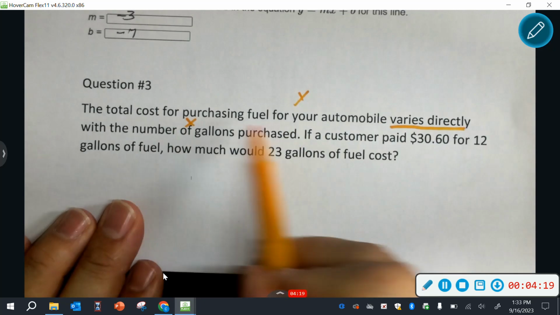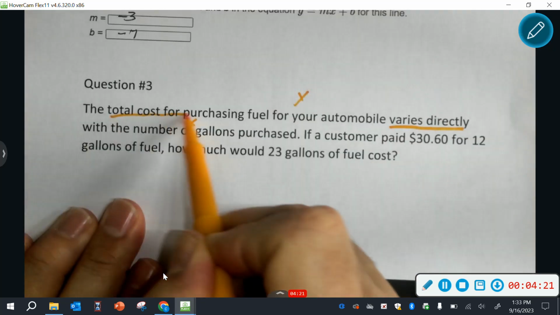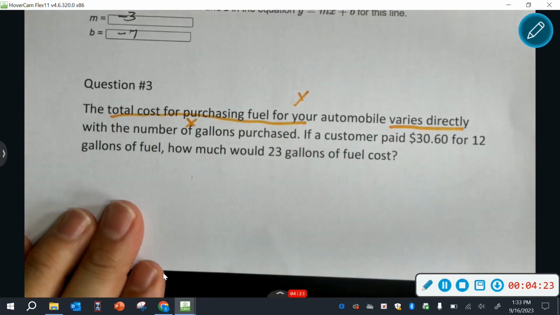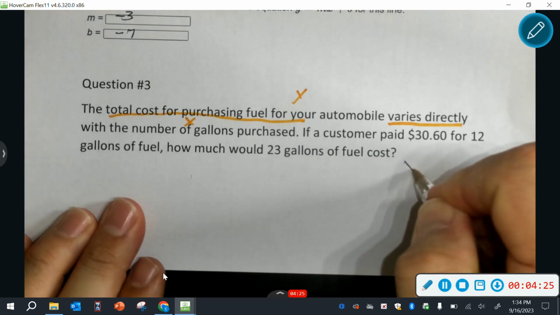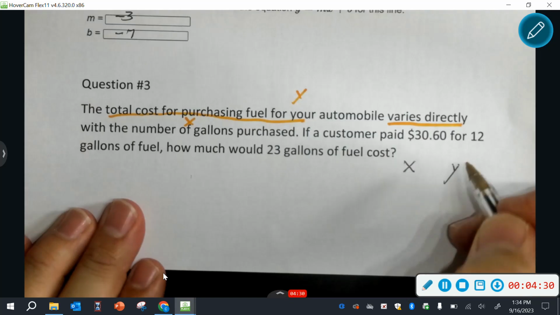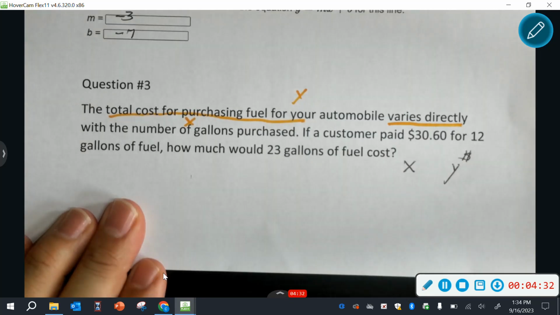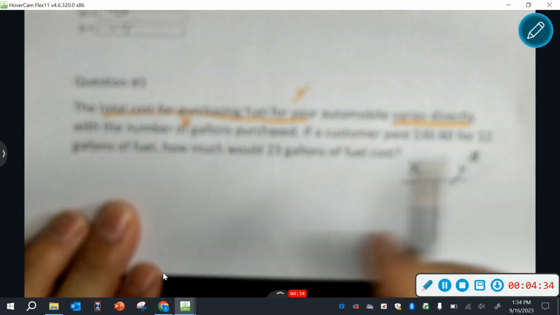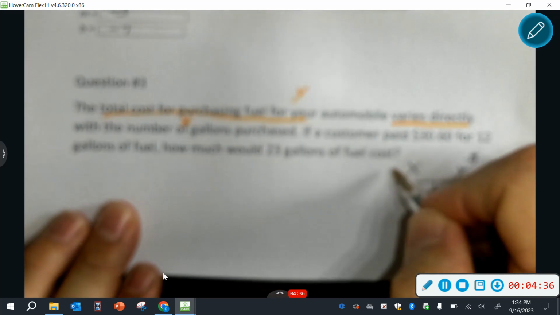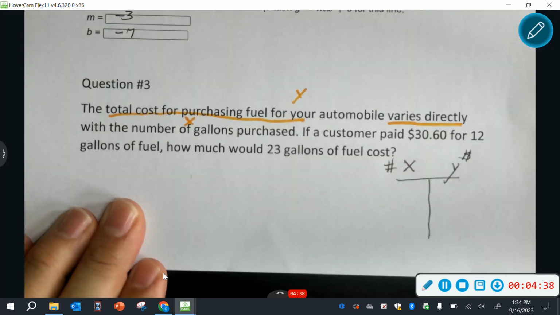So the total cost for purchasing your fuel, that's going to be your y. So when I set up my table here, I go x, y. So my total cost for purchasing the fuel, that's going to be my y. And then the number of gallons purchased, that is going to be my x.